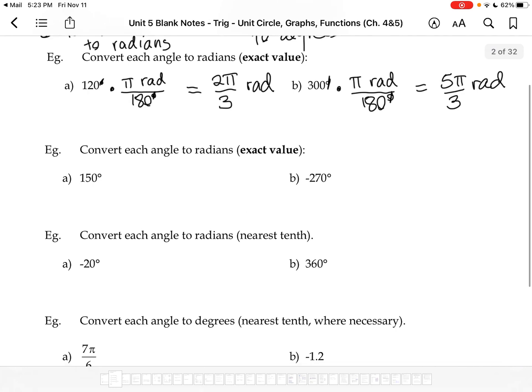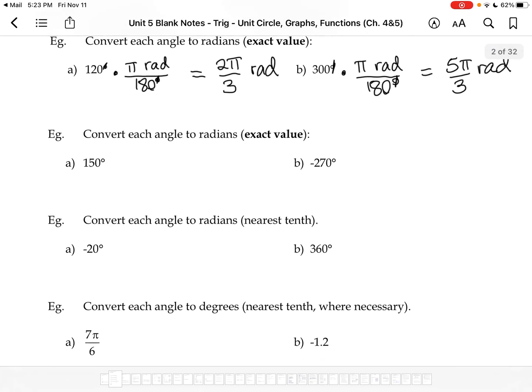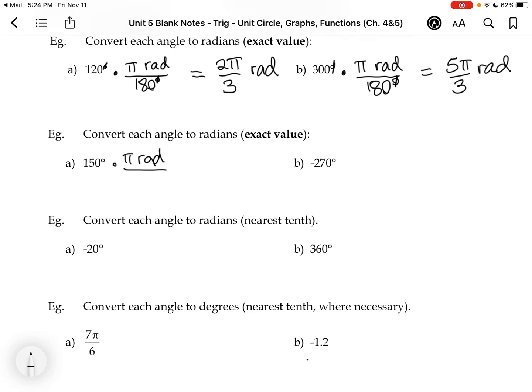Okay, here's a few others. Convert each angle into radians. Same idea here. We want the exact value. I'm going to multiply by pi radians per 180 degrees. Degrees cancel. Think in terms of reducing: what's 150 over 180?